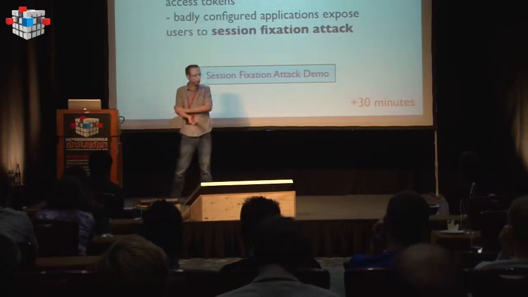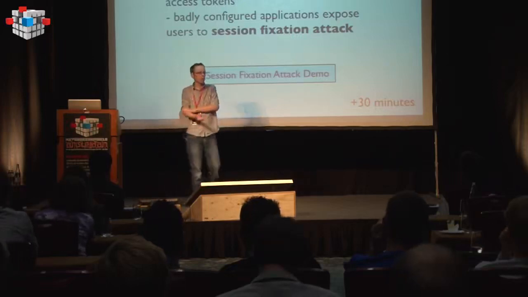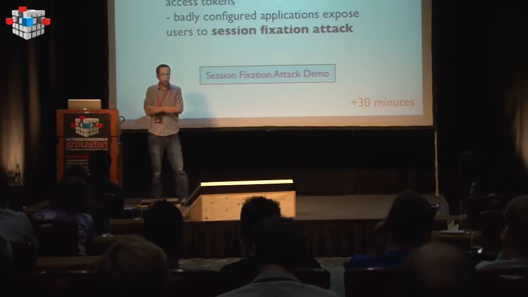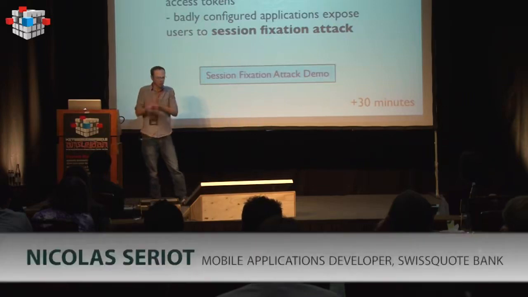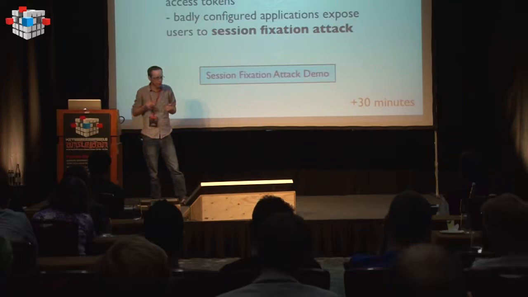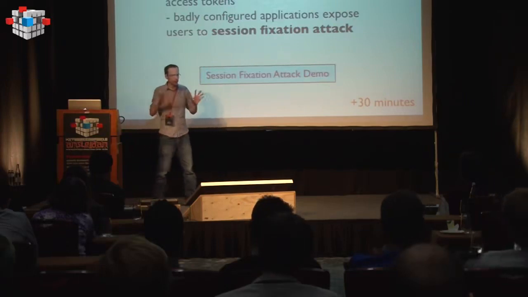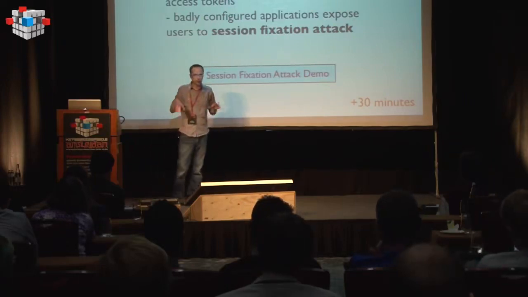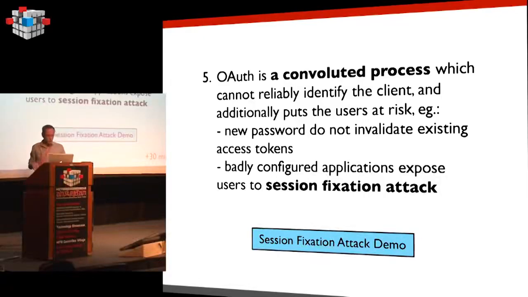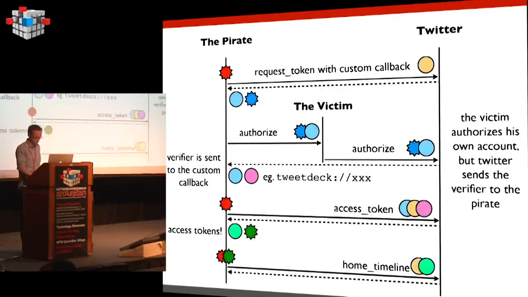He will change his Twitter password so that the thief will not be able to use his Twitter account, but he will be, because changing the password does not revoke the access tokens. So this is OAuth. It's not intuitive for users. And as the process is convoluted, it exposes vulnerabilities.